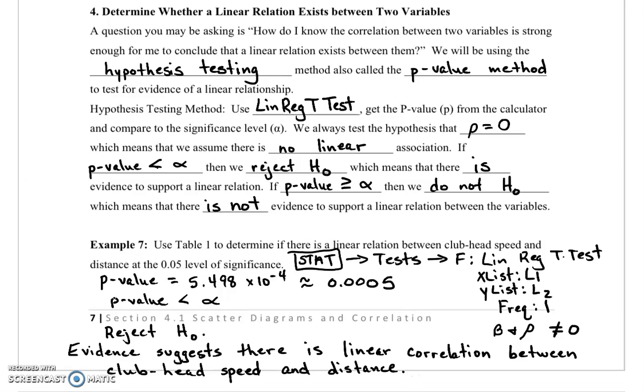Now, the p-value does not tell us whether we have positive association or negative association. We need the R value for that. It only tells us whether or not we have linear correlation.